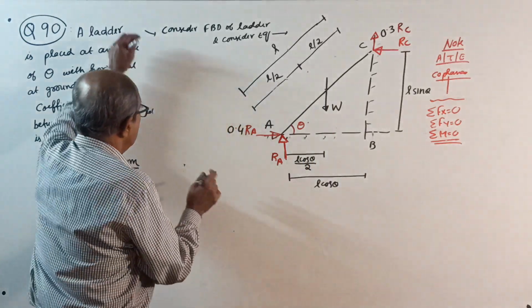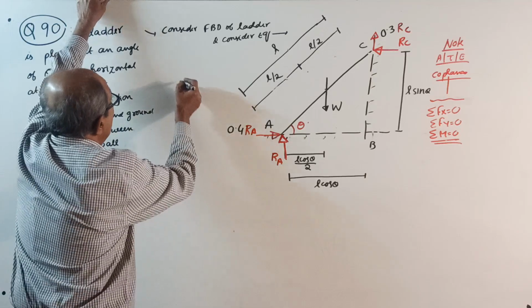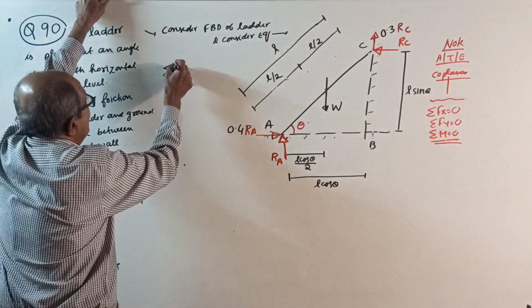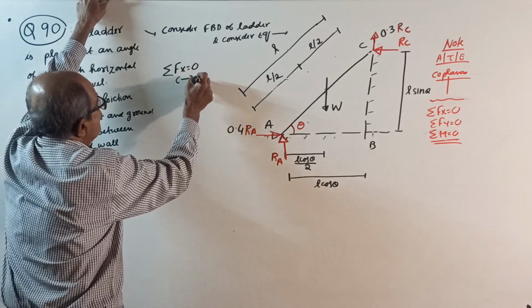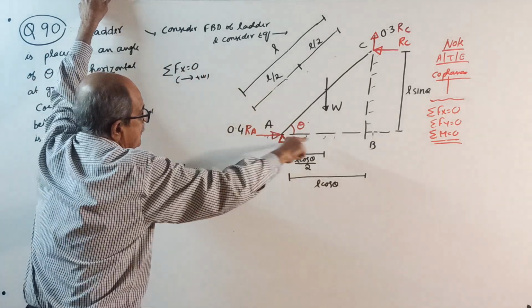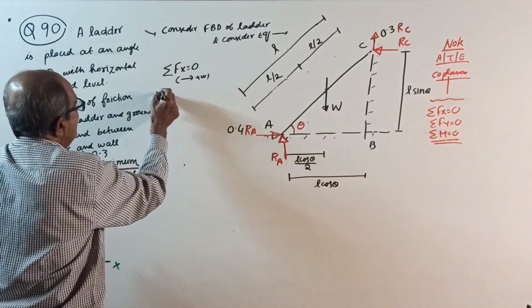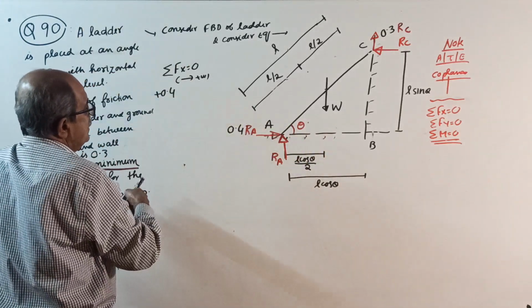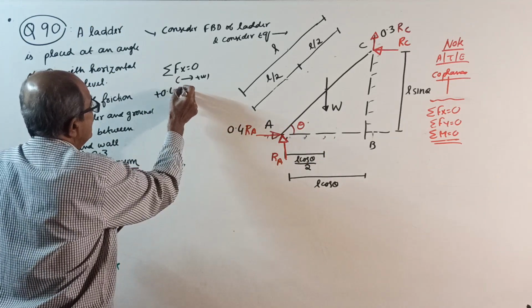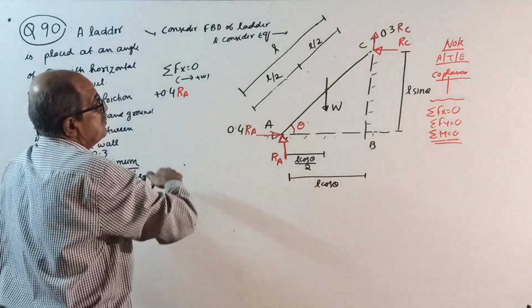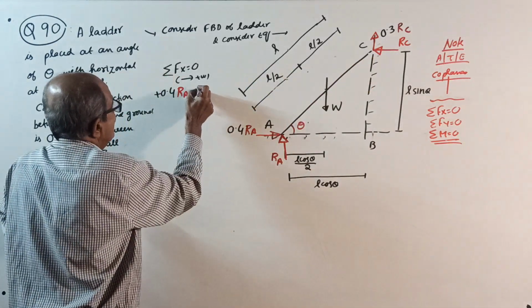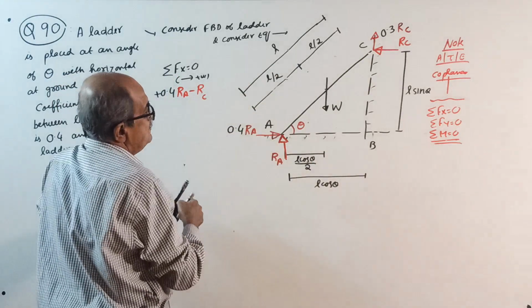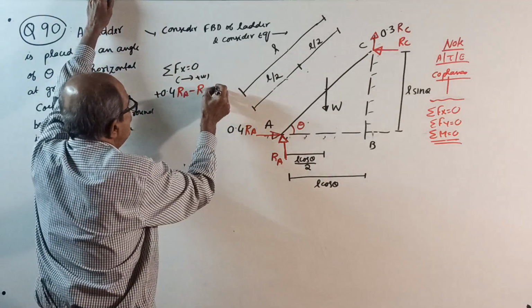So first do one thing. Space problem is there. I should make here sigma Fx equal to 0, take right side positive. Start: plus 0.4 RA, plus 0.4 into RA. See, I am using red color for unknown. Plus 0.4 RA minus RC, that's all, equal to 0.